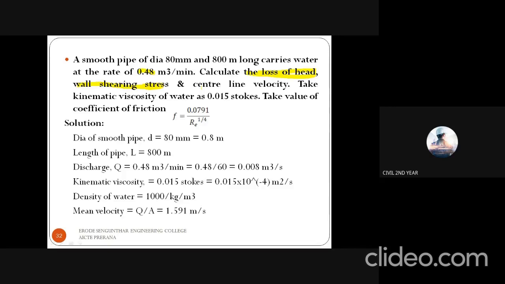Discharge Q, that is rate of flow, equal to 0.48 meter cube per minute. We have to convert in terms of seconds. So 60 seconds is equal to 1 minute. So 0.48 meter cube divided by 60 seconds, simplifying, we get 0.008 meter cube per second.